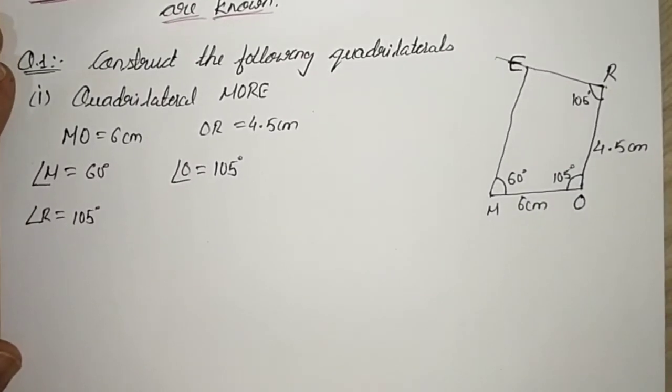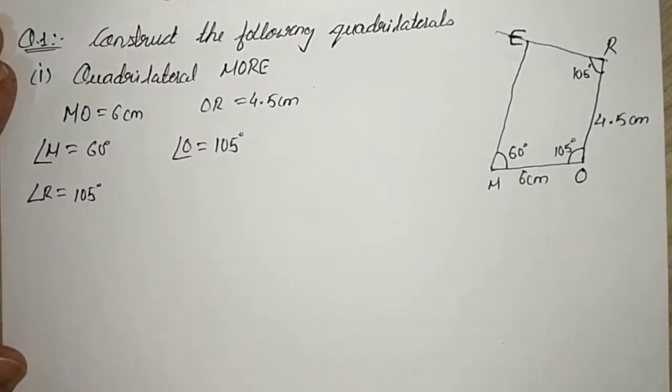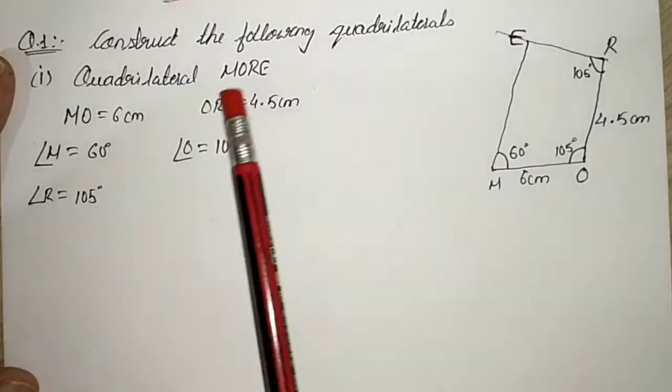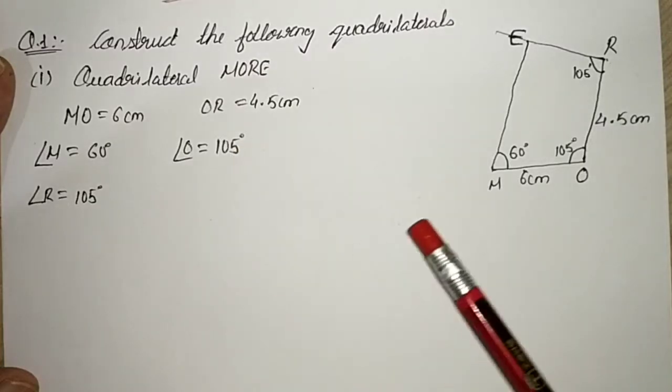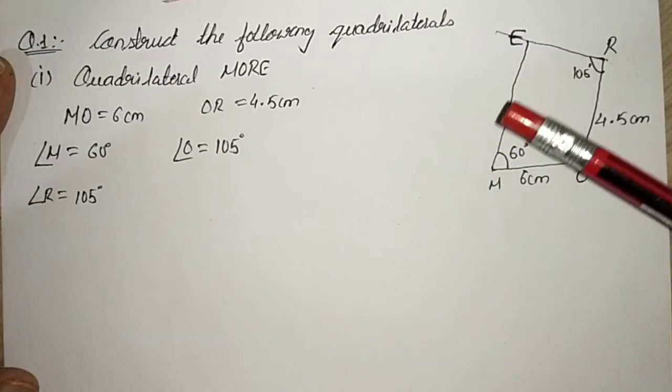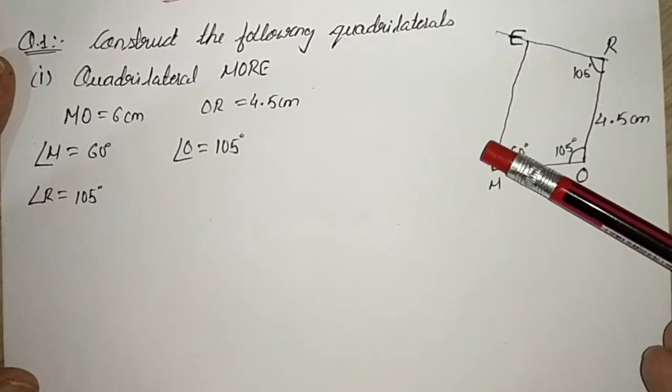So as I have told before, please go through what I am telling you, and do it with me. You can pause me and do the construction like I am doing. So let us start. Here we have to construct the quadrilateral MORE. So we have to draw a rough figure first so that you can get an idea how to draw the quadrilateral.